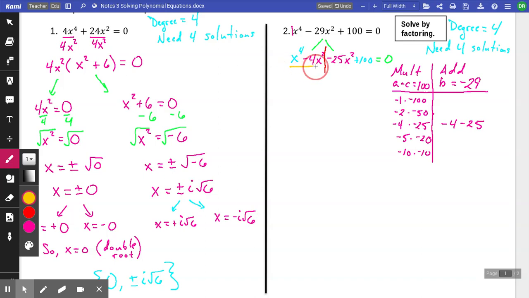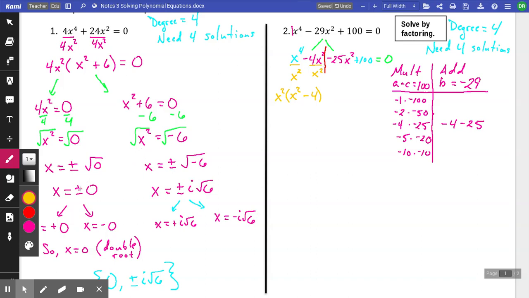We have the first half that can be divided by, you notice they both have an x, but if you look closely, we can actually take an x squared away from both, right? So let's go ahead and do that, where we get x squared times x squared minus 4, okay?